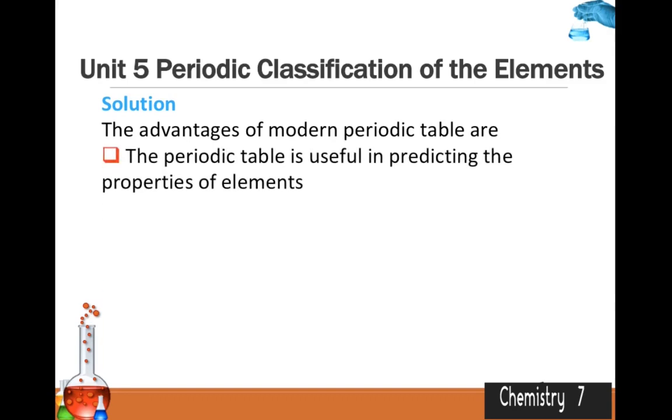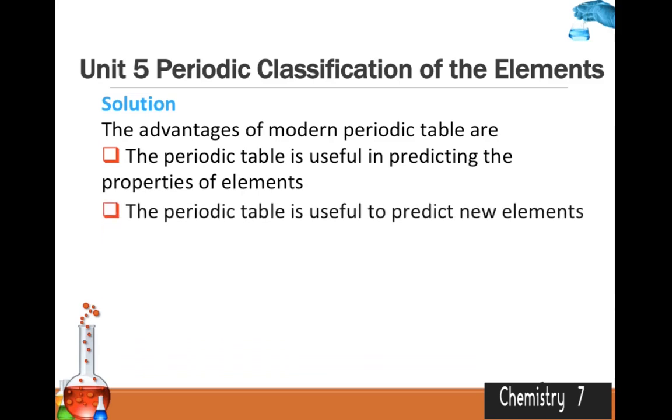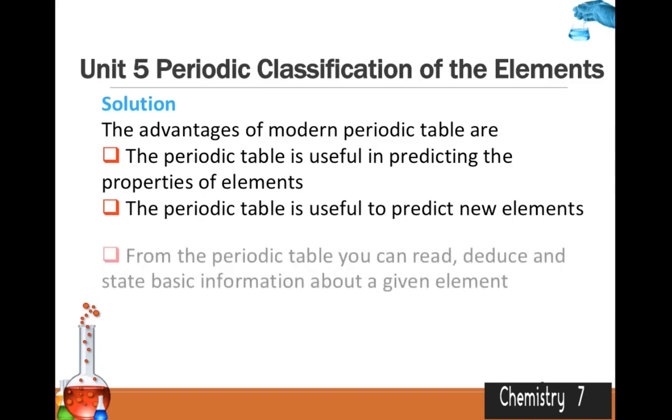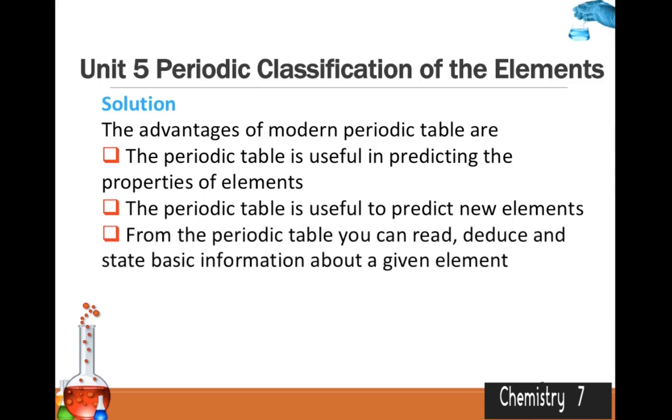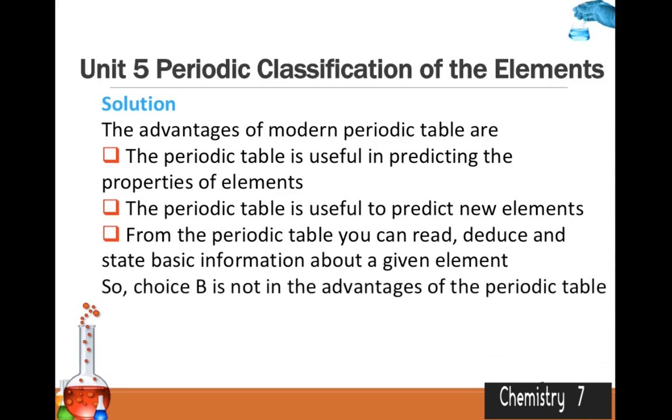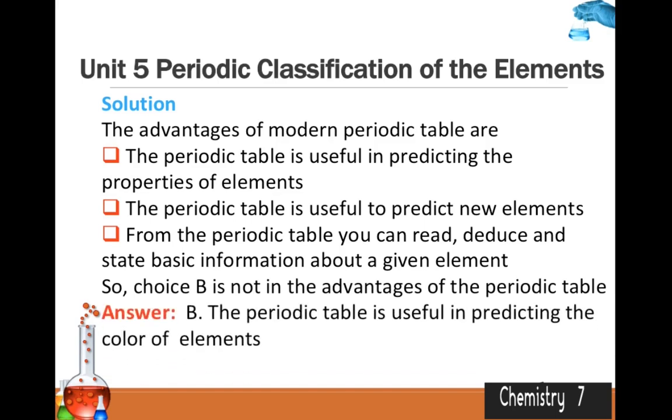Choices A, C, and D are advantages, but choice B is not. The answer is B. The periodic table is useful in predicting the color of elements.